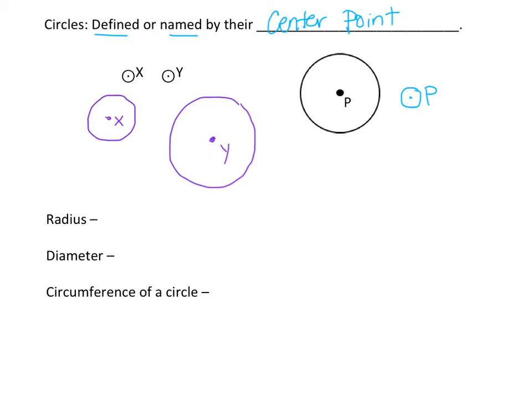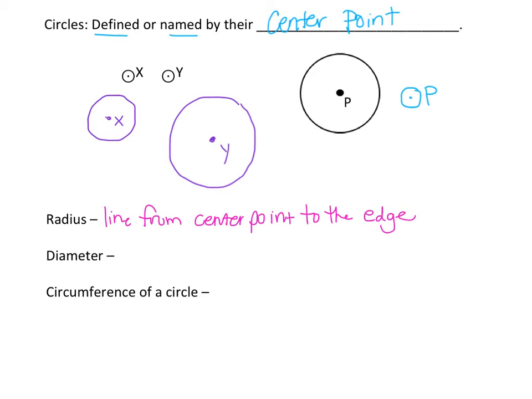All of these are each the radius of the circle. So we will write in, it's the line from the center point to the edge. That is the radius of a circle.